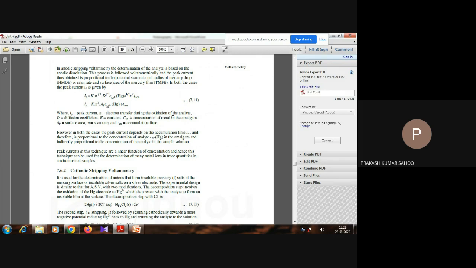So what are the terms? ip is the peak current, n is the number of electrons transferred, k is the proportionality constant, D is the diffusion coefficient, and Cm is the concentration of the metal in the amalgam. This is very important: it is the concentration of metal in the amalgam. A is the area, v is the scan rate, and t_sc is the accumulation time, that is, how much time it takes for the metal to accumulate or deposit on mercury to form the amalgam.